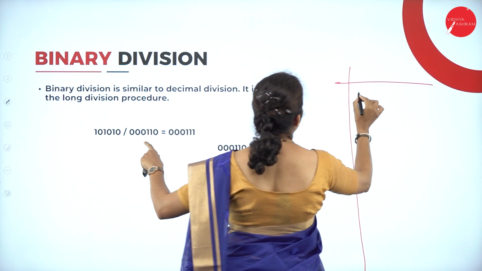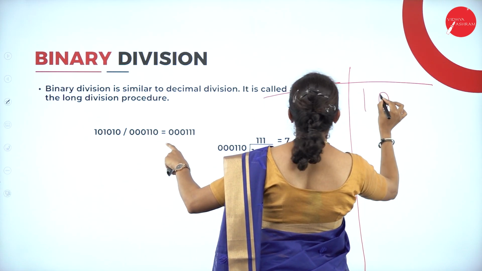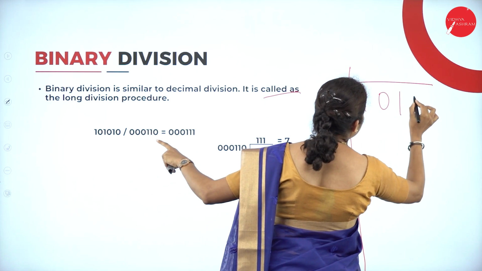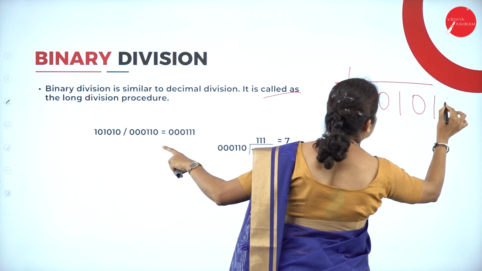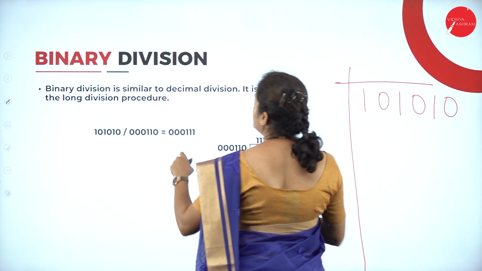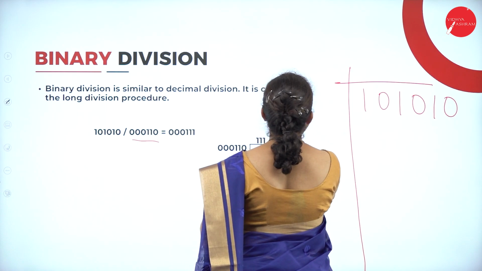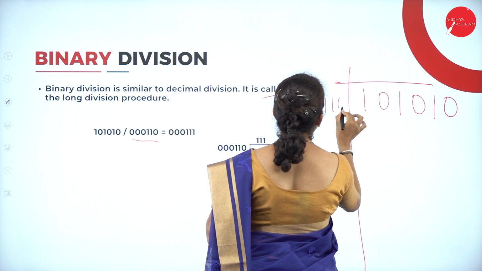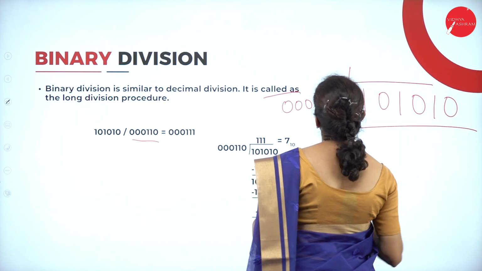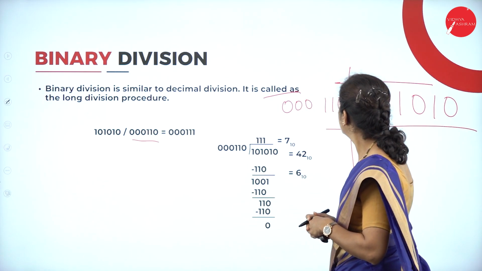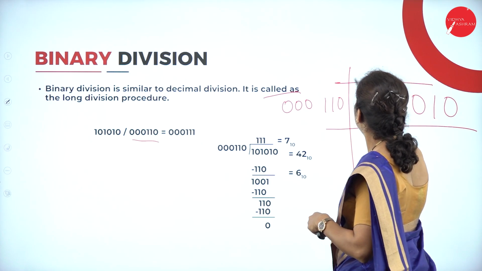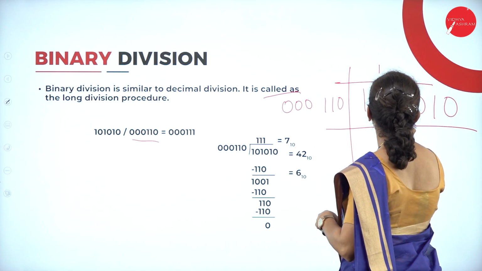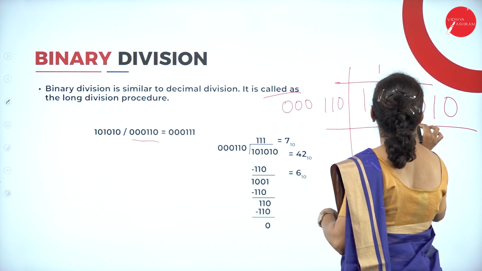So here 1, 0, then 1, 0, 1, 0. So what is my divisor here? It is 0, 0, 0, 1, 1, 0.